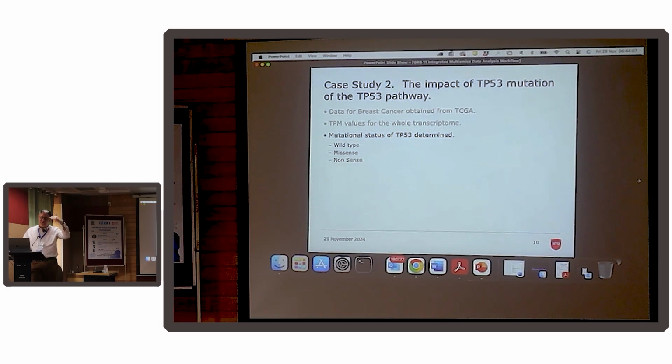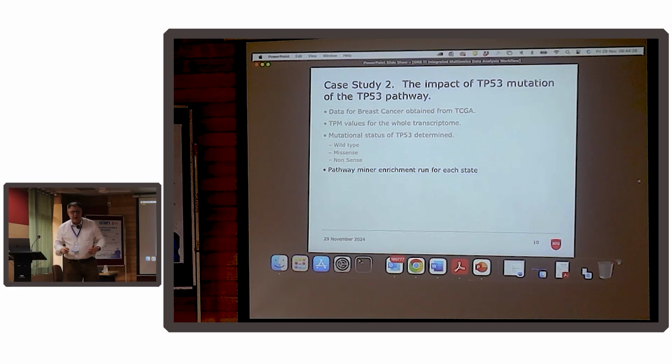We knew the specific mutational points, but we then translated to those where they were known commonly as missense or nonsense. So we used the pathway miner bit, where we look at the addition to the pathway, to explore what was impacting on that pathway.